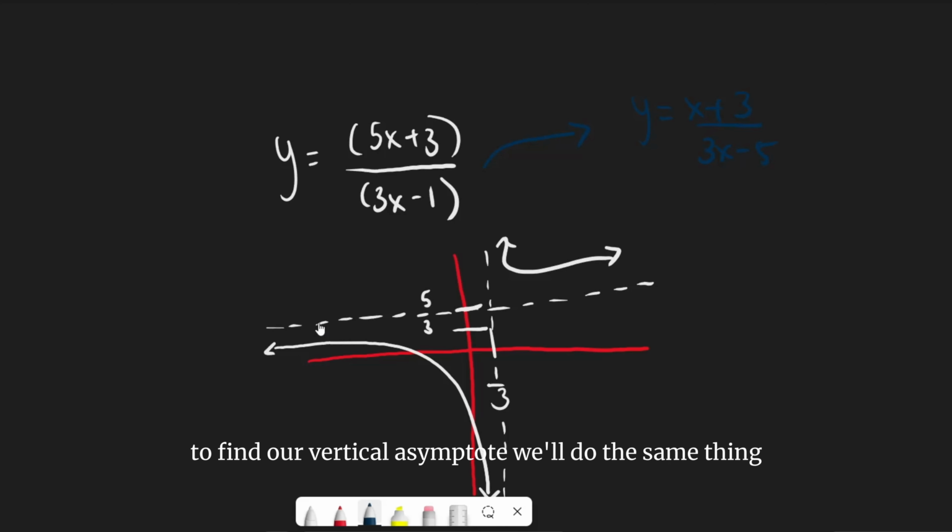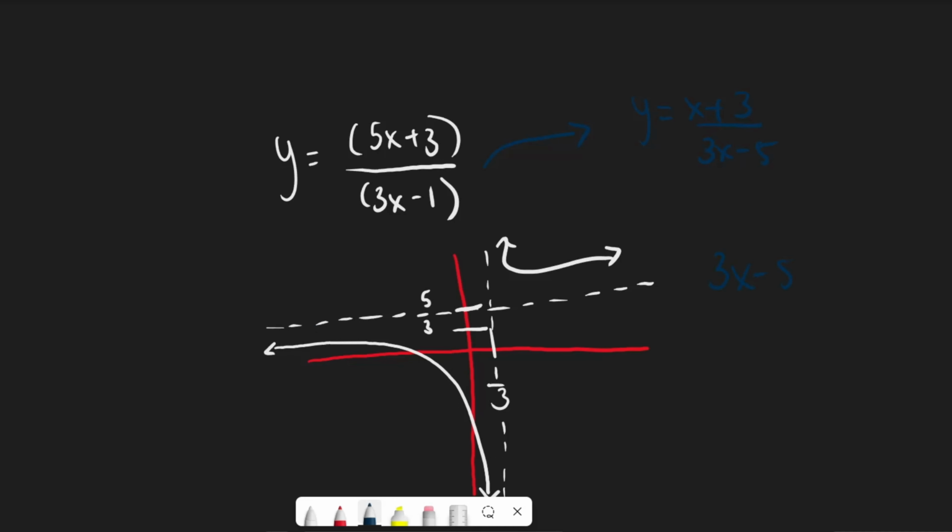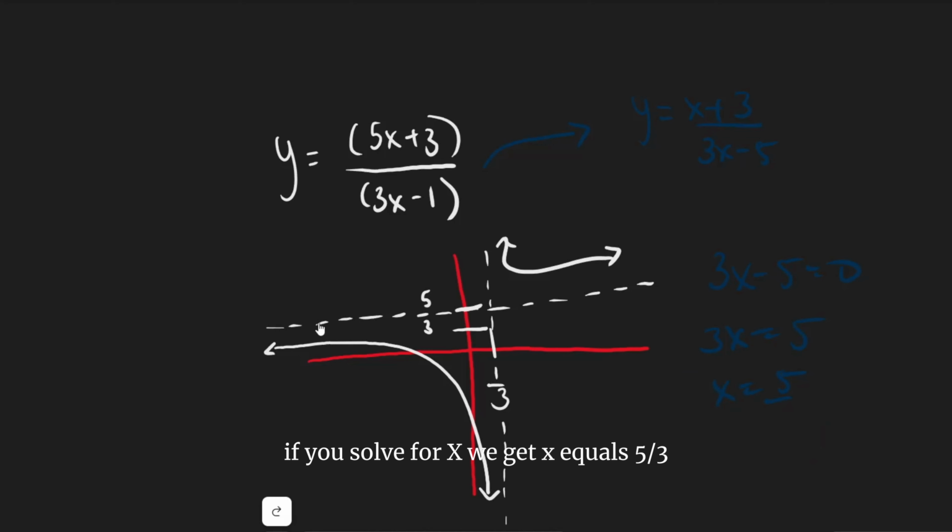To find our vertical asymptote, we'll do the same thing and set the bottom equal to 0. If we solve for x, we get x equals 5/3. So our vertical asymptote for our inverse will be at 5/3. So 2/3, 3/3, 4, maybe over here somewhere, you could say.